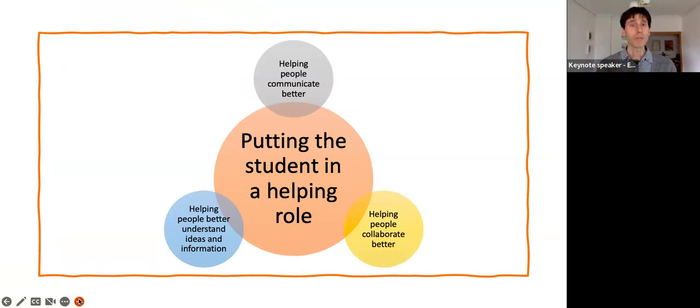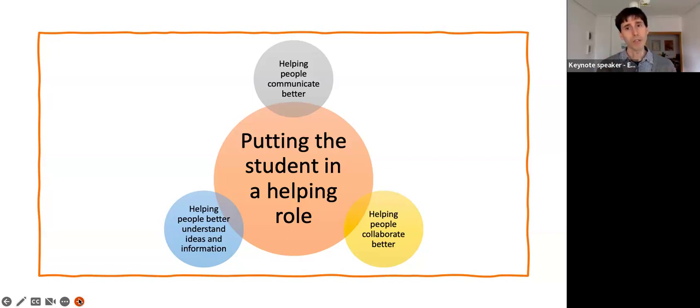As you can see from those situations we saw earlier, this could involve different ways of helping. We could be helping people communicate better, for example, overcoming a disagreement or conflict. And that's what people traditionally think of when they think of mediation. But there are also other ways that students could be helping each other.